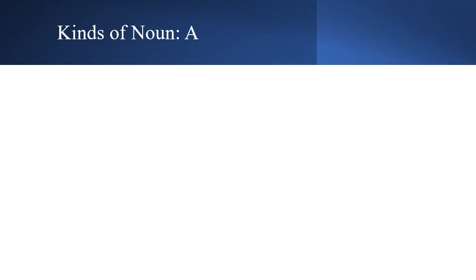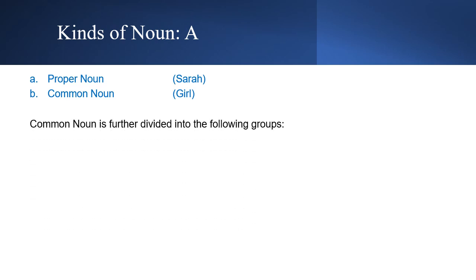Okay, so kinds of noun, which is the first slide, we have a proper noun, for example Sarah, and we have a common noun, which is girl. Okay, and then common noun is further divided into the following groups. Let us first look at these, and then I'll come back to talk a bit more about the proper noun and the common nouns.